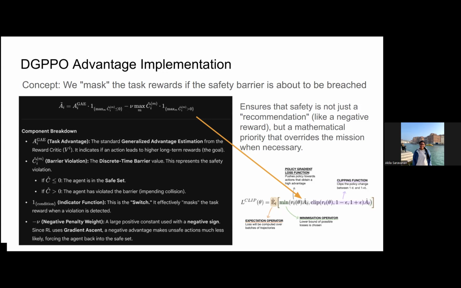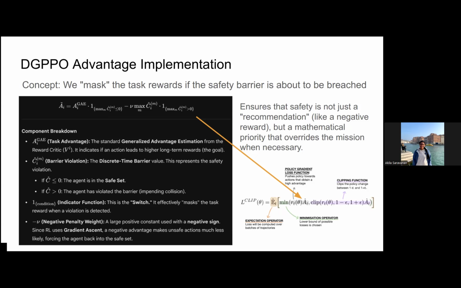The first part will be executed if you were within a safe state. That means your barrier violation is less than 0, so you're not violating the barrier. If it's positive, then you're violating the barrier, so this part is activated.